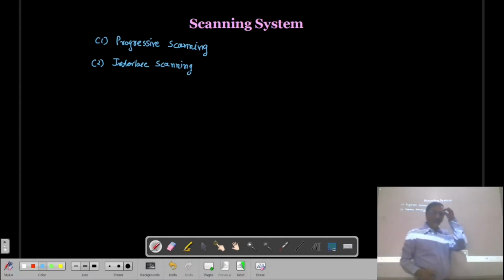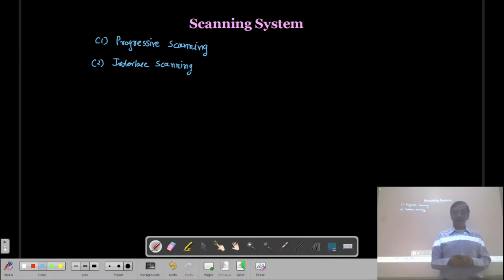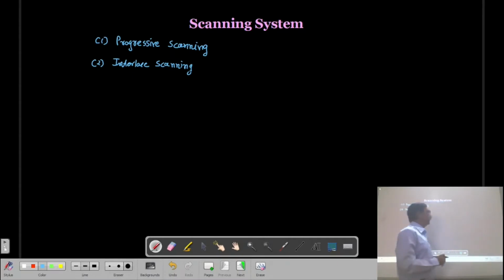Progressive scanning is the basic scanning system, also known as sequential scanning. But the most widely used scanning system in television is interlace scanning. So here we will discuss both types, what progressive scanning is and the advantage of interlace scanning.